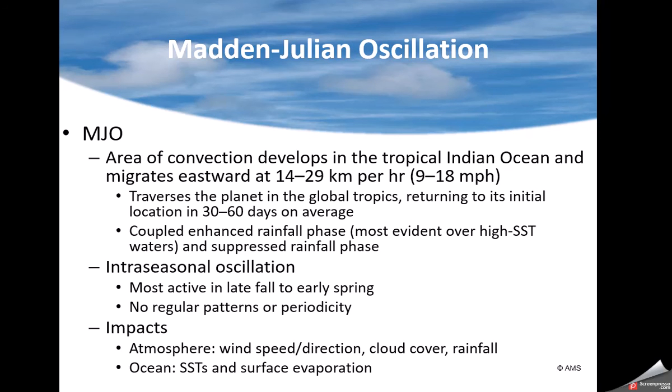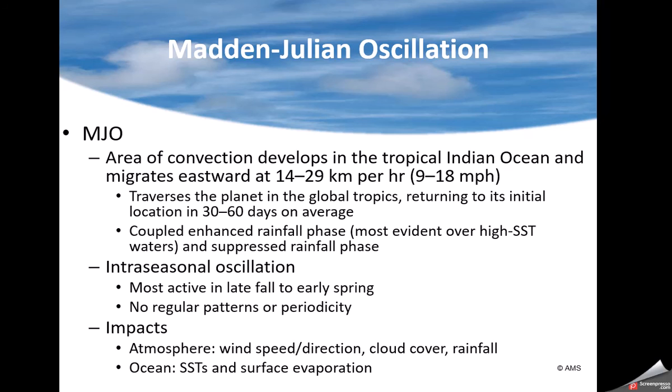And then we have the Madden-Julian Oscillation, MJO. This is an area of convection that develops typically in the Indian Ocean and slowly migrates to the east. The stronger the convection is, it can enhance the rainfall phase, and it actually was more evident when high SSTs are there.